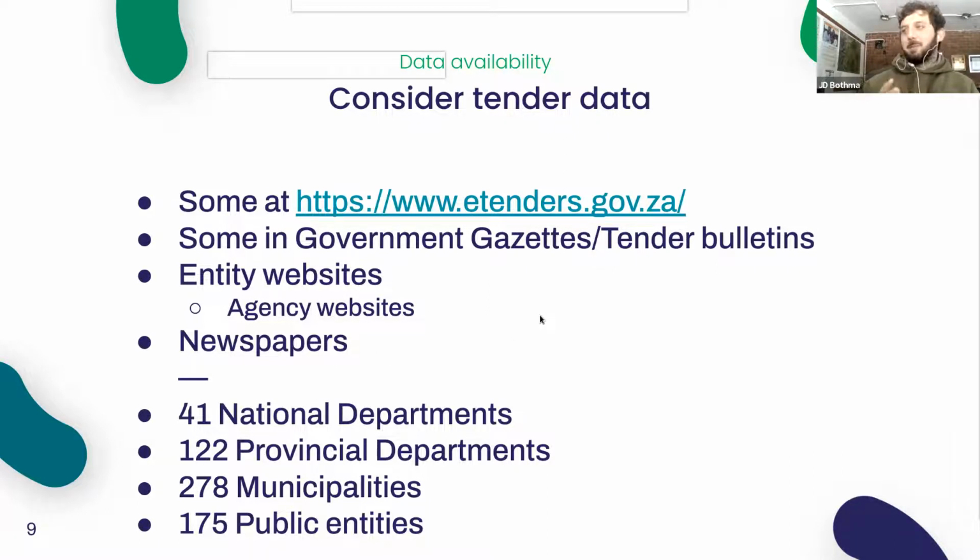So we know people access tenders because every day people are bidding on tenders, but it's not centralized and generally not structured data. There are 41 national departments, 122 provincial departments, 278 municipalities, 175 public entities, and many state-owned enterprises, I think 700 and something.